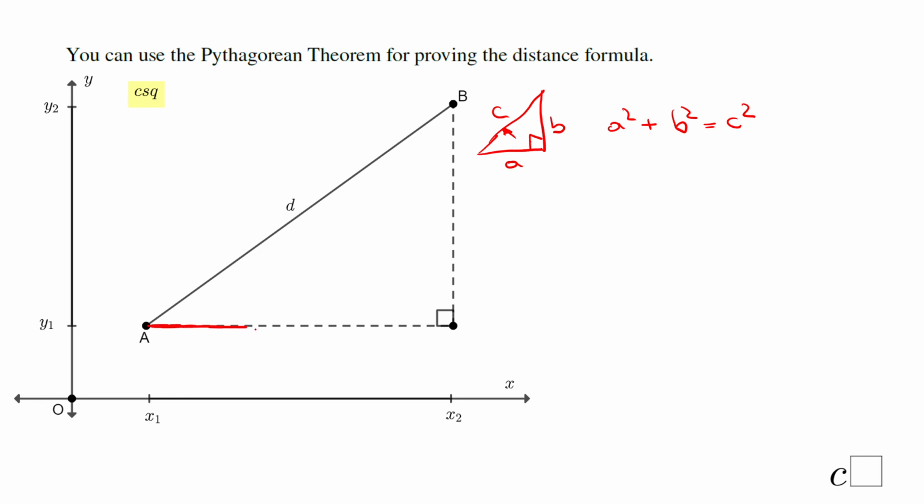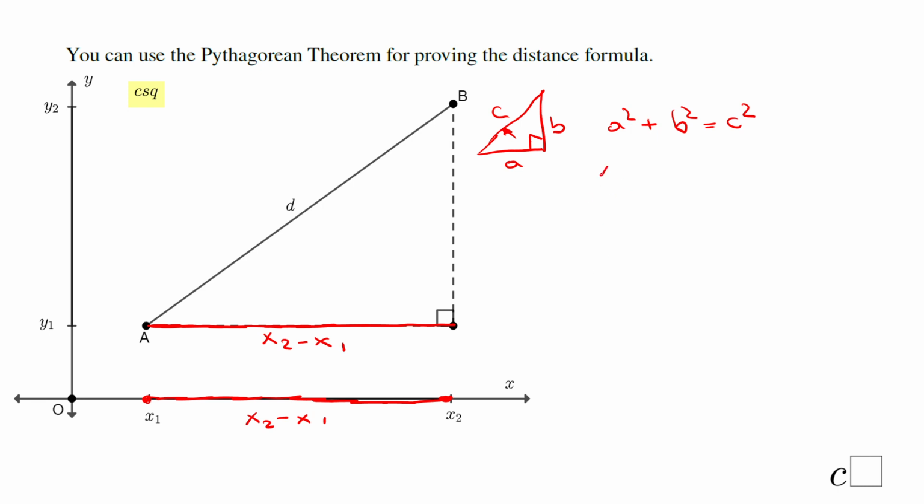A is this leg, this segment, which has a corresponding segment right here on the x-axis, and the length of this segment is x2 minus x1. So this one obviously is going to be the same thing.